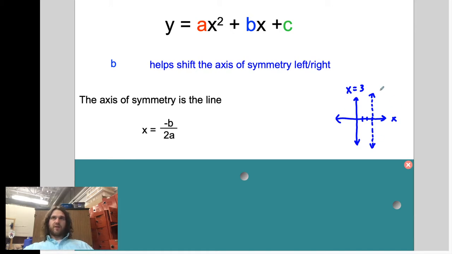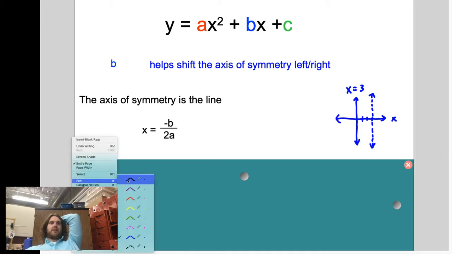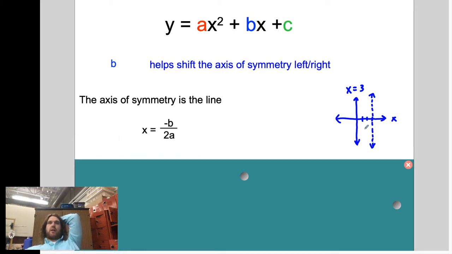So if you end up getting something like this, our axis of symmetry is always going to be a vertical line. So that's the equation for the axis of symmetry. Now if a parabola is symmetric about that line, then the vertex of that parabola has to be on that line, whether it's opening up or opening down or what have you.